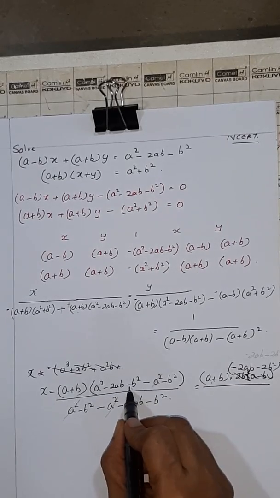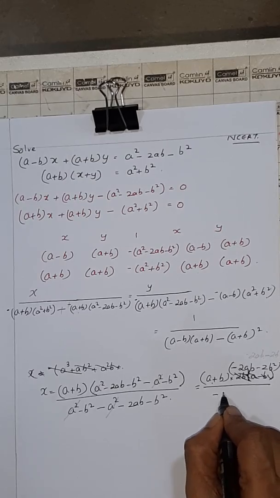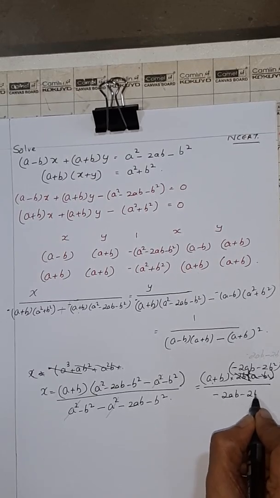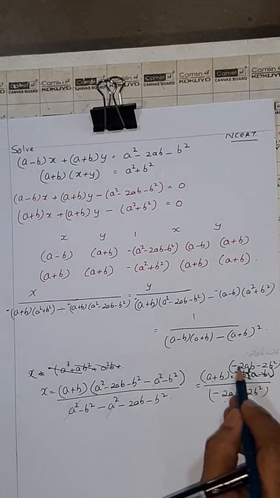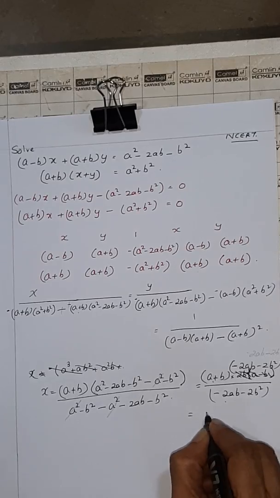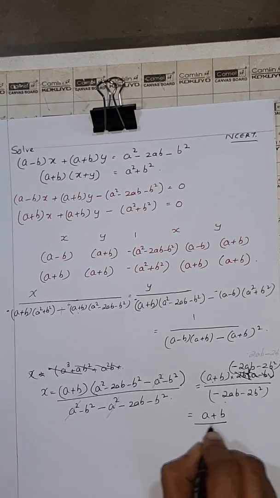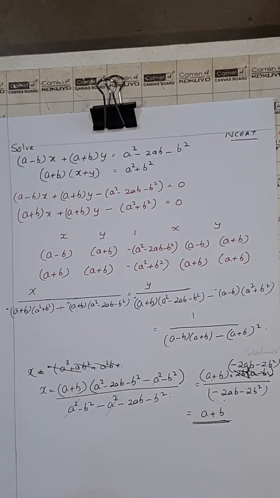So here also I will get minus 2ab minus 2b squared. So this and this will get cut, so you are left with x equal to a plus b. See, this involves a lot of calculation, you have to be very careful.